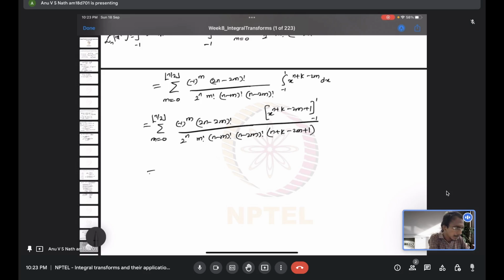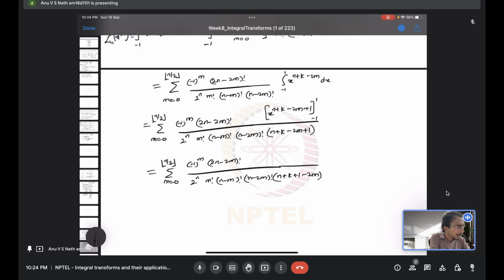So you apply the limits, you will get something like the summation m equal to 0 to n by 2, minus 1 the whole raised to m, (2n minus 2m) factorial, the whole divided by 2 raised to n, m factorial, (n minus m) factorial, (n minus 2m) factorial, (n plus k plus 1 minus 2m).